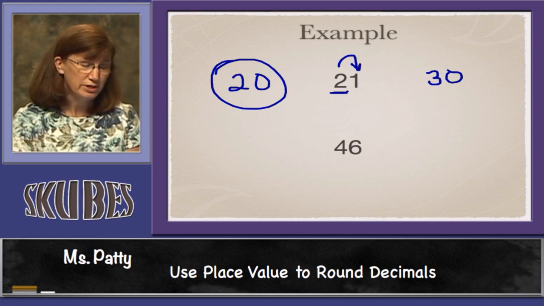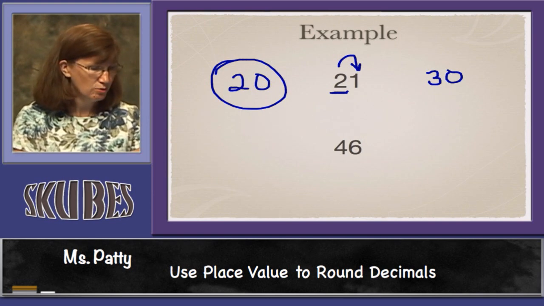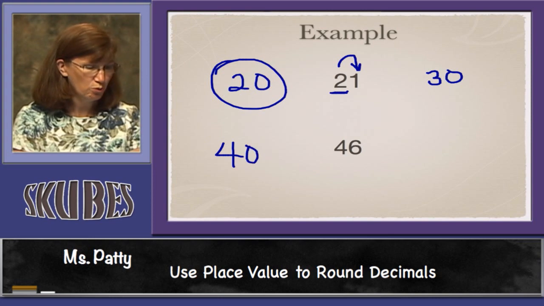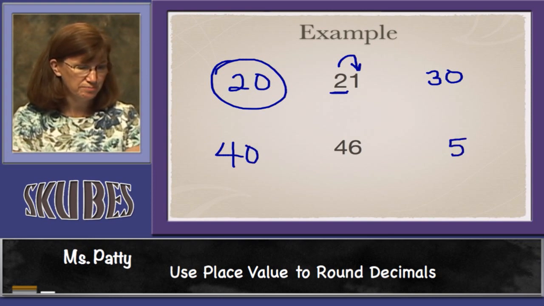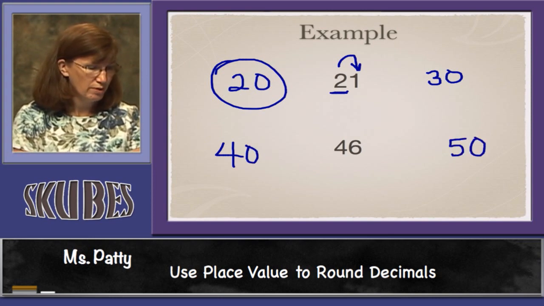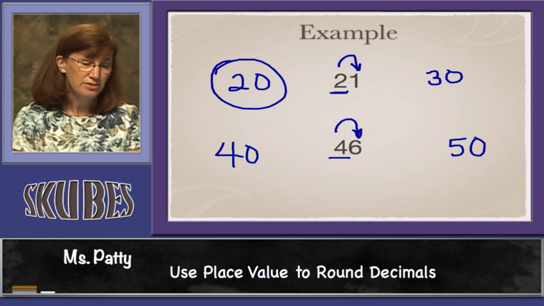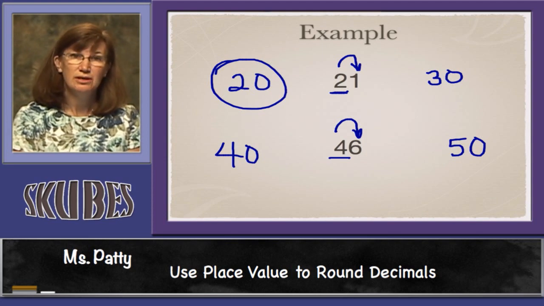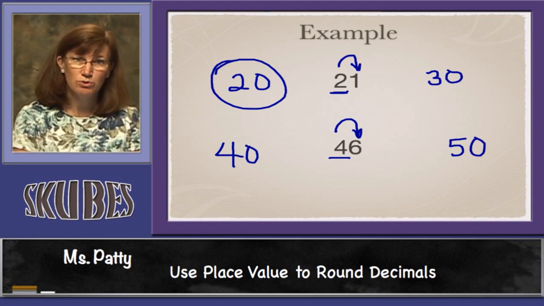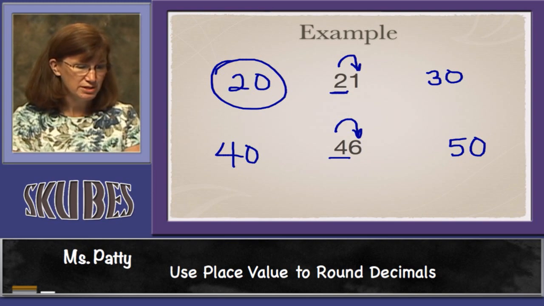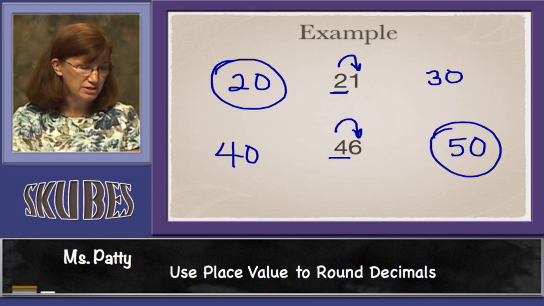If we were to round 46, again, we're thinking we're between 40 and 50. We're rounding to the tens house. Our 6 is our determining digit. The 6 is between 5 and 9, so we're going to round up. 46 is closer to 50.